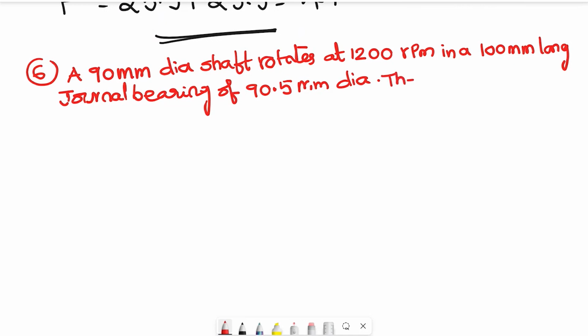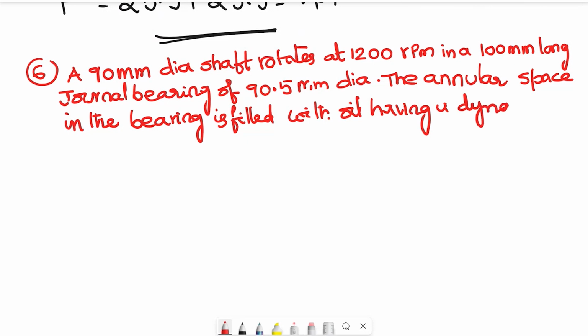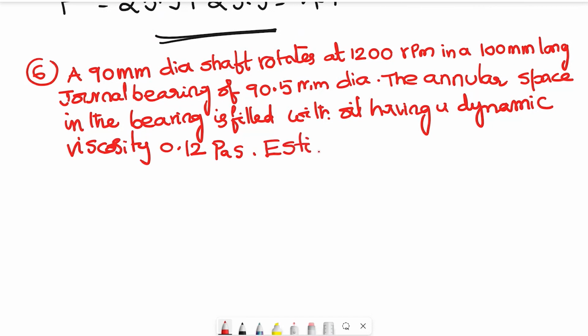The angular space in the bearing is filled with oil having a dynamic viscosity of 0.12 Pascal second. Estimate the power dissipated.